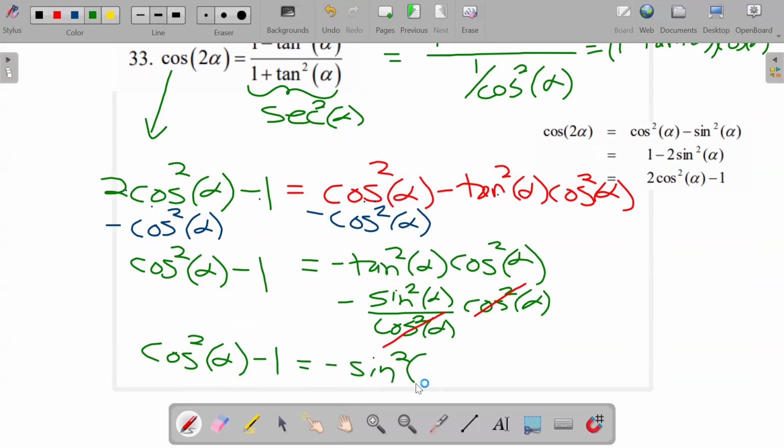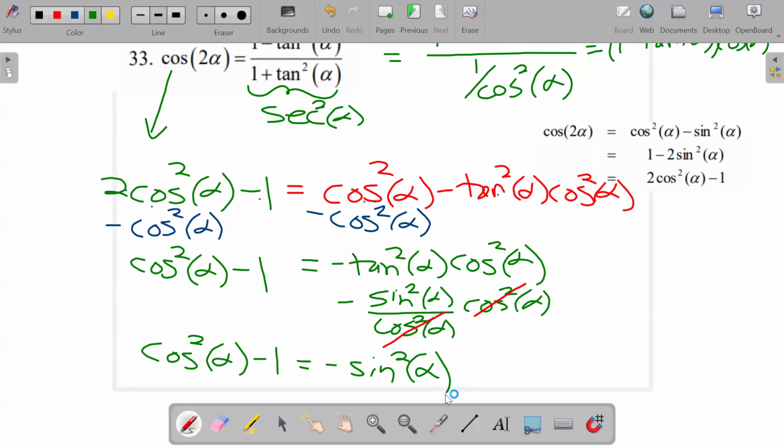What do you think about that? Kind of looks like a Pythagorean identity. I add sine squared to the right and add 1, other way around. Add sine squared to the left, add 1 to the right.